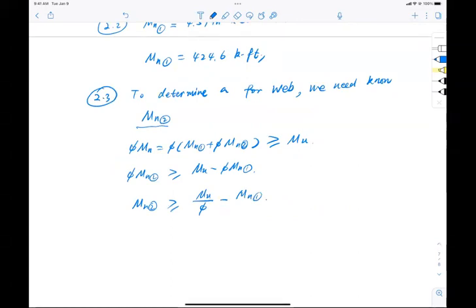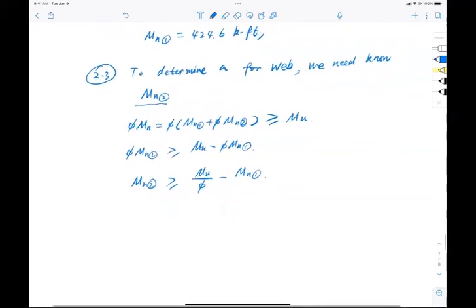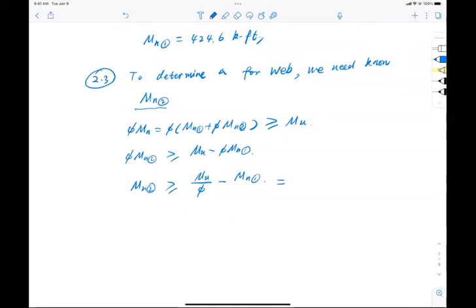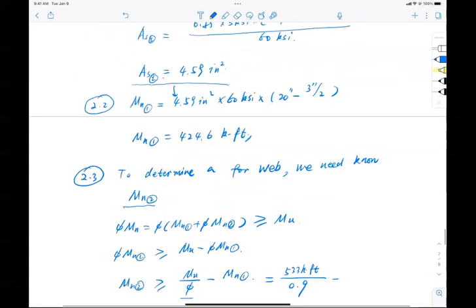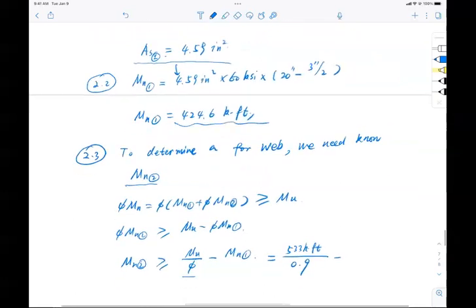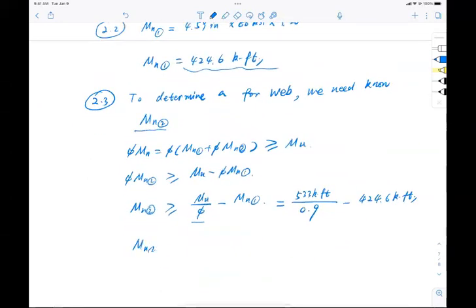So now I know this, I can start doing the calculation. Mu is 533 kip-foot. And don't forget, we assume the strength reduction factor phi equals 0.9. So this is 0.9, Mn1 is 424.6 kip-foot. So you end up with Mn2 has to be greater than or equal to 159 kip-foot, and this fellow divided by 0.9.